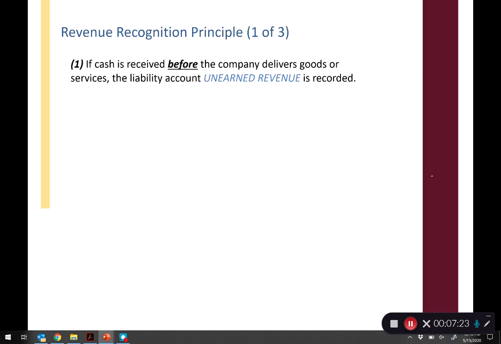So let's go through some examples. If cash is received before we deliver the goods or services, then a liability is created for the business because they haven't earned it yet. They haven't provided the good or service yet. So under our accounting equation, we have A equals L plus C, and in this chapter I'll be expanding it to include the income statement.